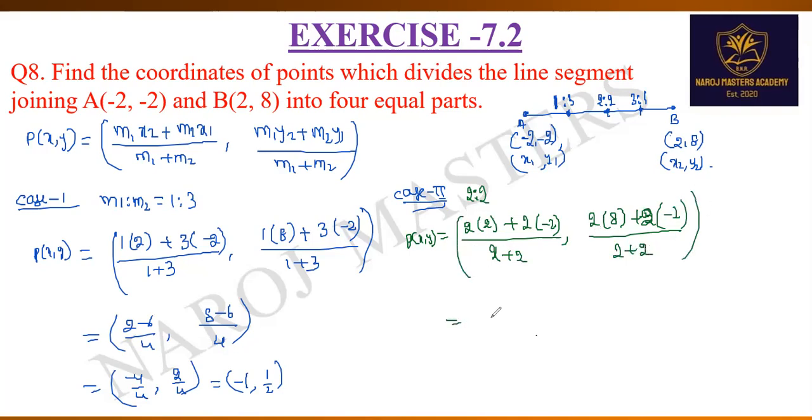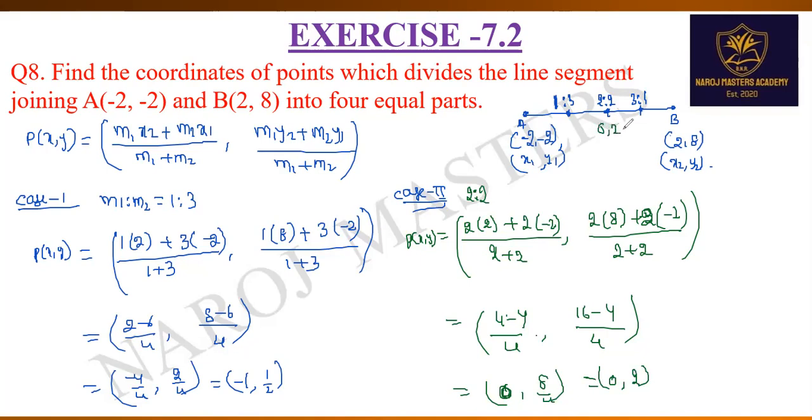That equals 4 minus 4 by 4, comma 16 minus 4 by 4. So this is 0, and this is 8 by 4, that equals 0 comma 2. So this is 0 comma 2, this coordinate. Now case 3, when you take the 3:1 ratio, let me erase this one.